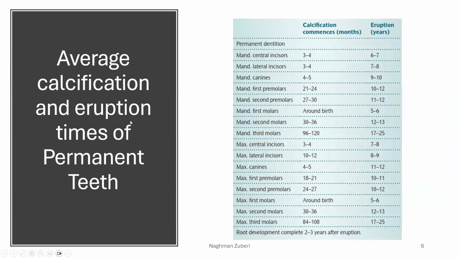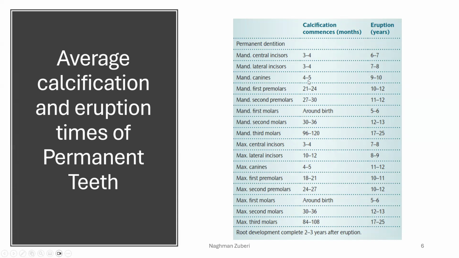Whereas average calcification and eruption times of the permanent teeth: calcification commences in months. Mandibular central incisors 3 to 4 months, and eruption 6 to 7 years. Mandibular lateral incisors 3 to 4 months, and eruption is 7 to 8 years.